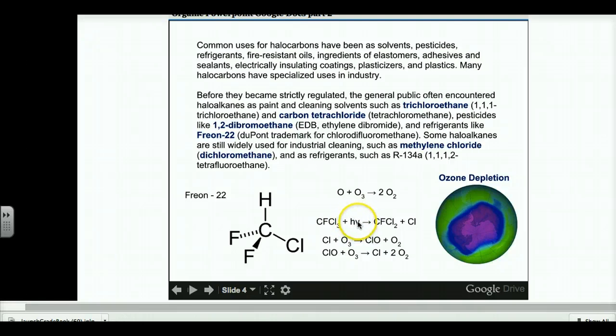So high energy photons will split the chlorine off, making this radical chlorine. Now, chlorine likes to become Cl2, so this is a radical chlorine with one dot, one electron, or I would just say seven valence electrons. It's very reactive, and it's going to basically pull an O off and make O2, and this is how it depletes the ozone.